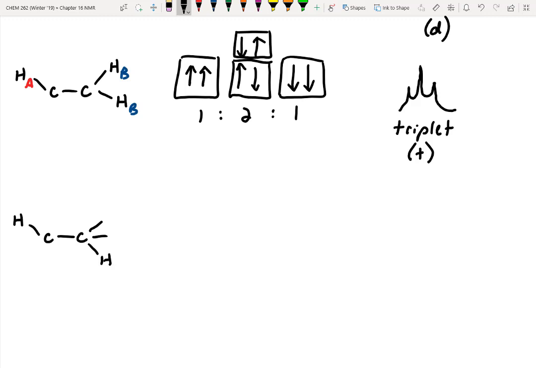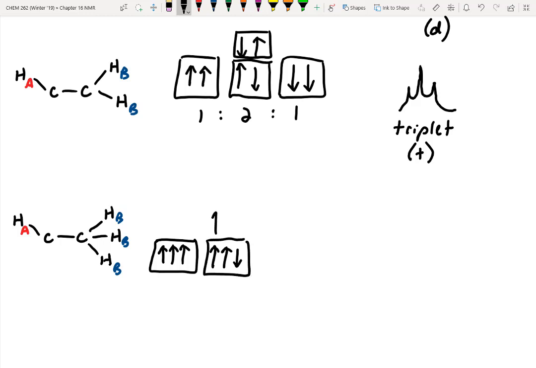Let's say we have 3 neighboring protons to HA that we're looking at. If we think about the possible spin states for HB, all 3 could be spin up. That's possible. Or maybe we've got the first 2 spin up, third spin down.